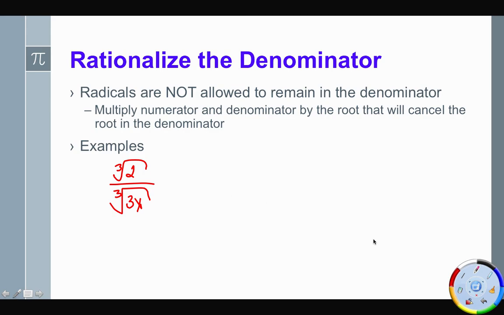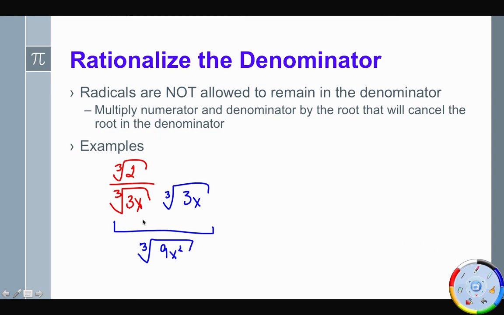You cannot just multiply by the cube root of 3x. Because notice what happens if you just do this. You get the cube root of 9x squared. Well, there is no cube root of 9, and the cube root of x squared doesn't simplify.